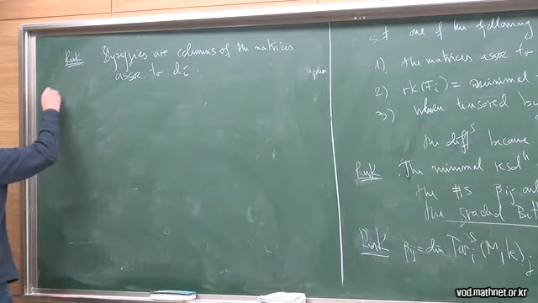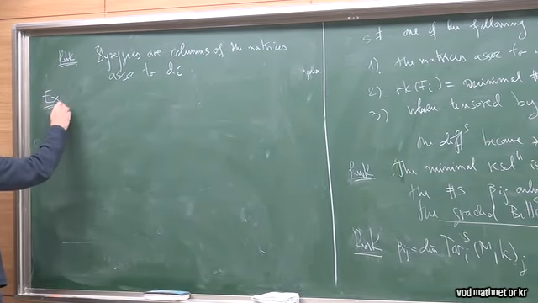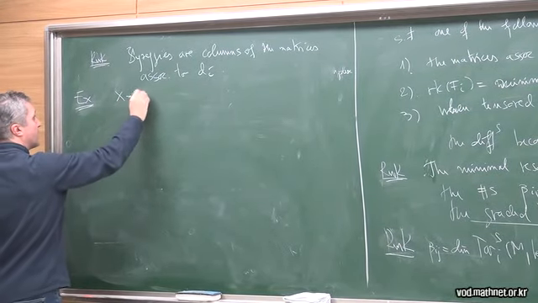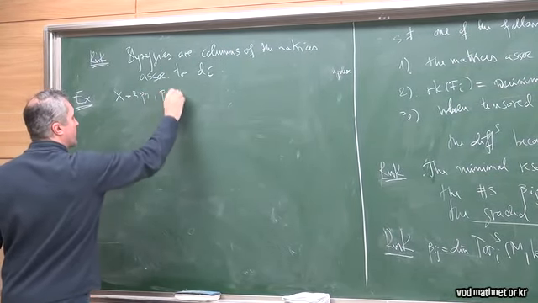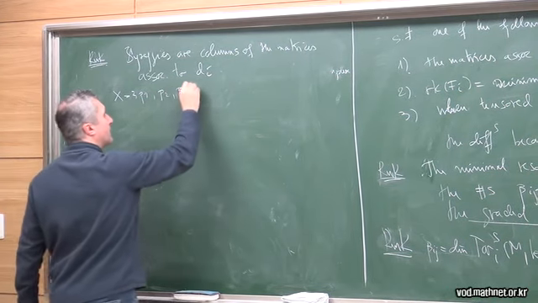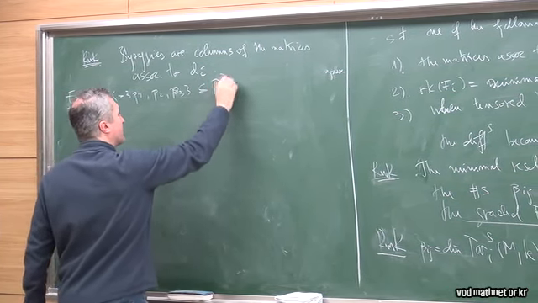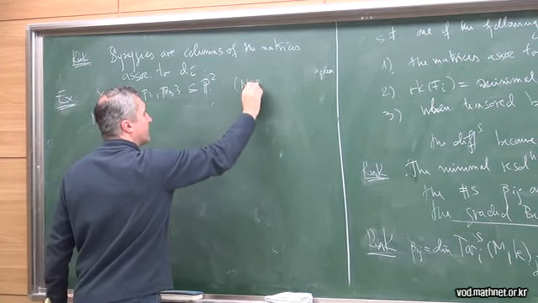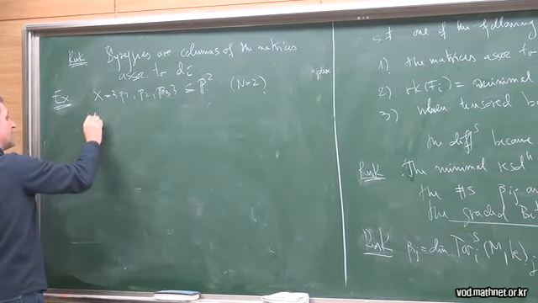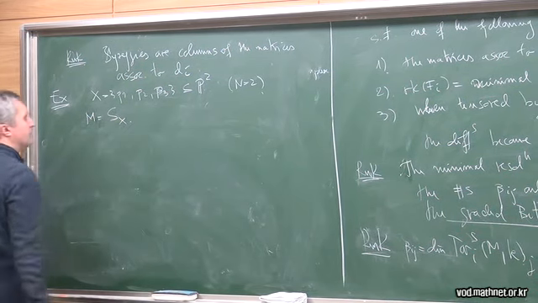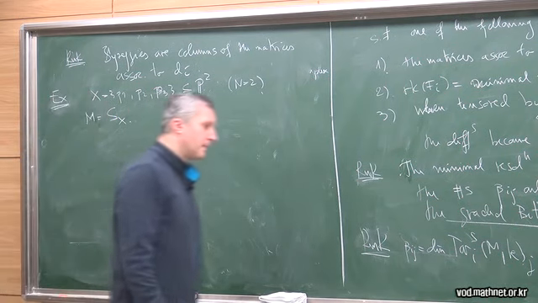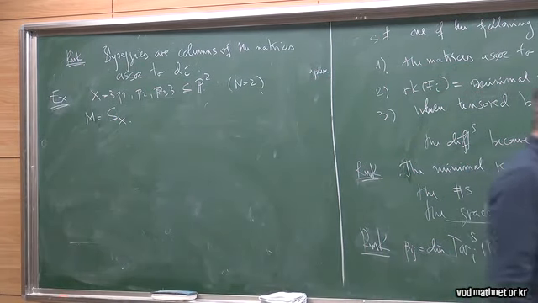And let me give a very simple example. So X is 3 points, a collection of 3 points P1, P2, P3, 3 distinct points in P2. And we are interested in, N is 2 in this case, the homogeneous coordinate ring of this set of points.